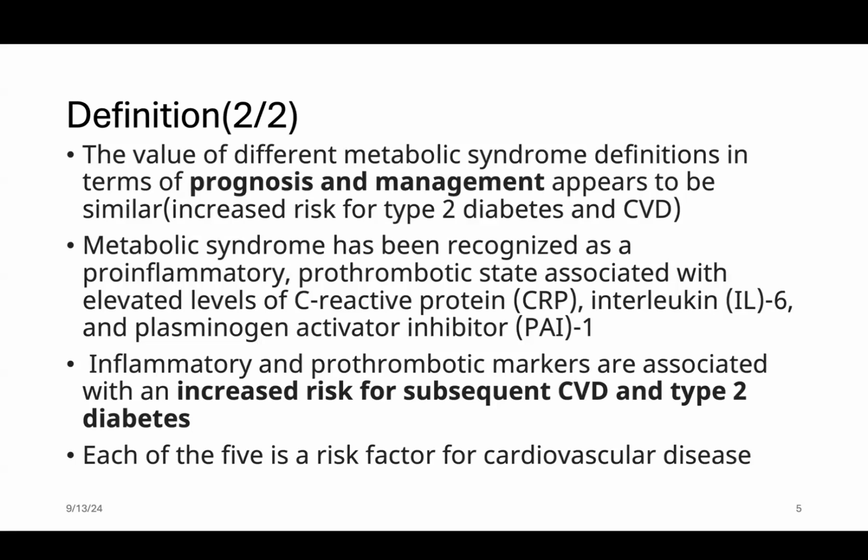So, and this is one of the points we'll be laying emphasis on, if you have metabolic syndrome, because of the biochemical processes that go on, it is pro-inflammatory, it is pro-thrombotic. In simple terms, if you have metabolic syndrome, you are at increased risk of developing cardiovascular disease and type 2 diabetes.